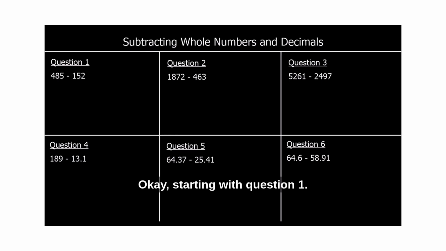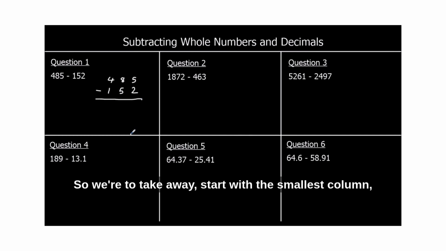Okay, starting with question 1, we've got 485, take away 152. So I'm going to write 485 on top. And then I'm going to line up 152 with the hundreds lined up with the hundreds, tens lined up with tens, and ones lined up with ones.